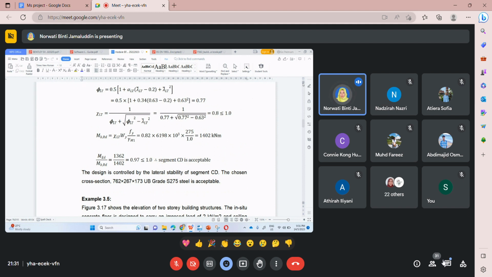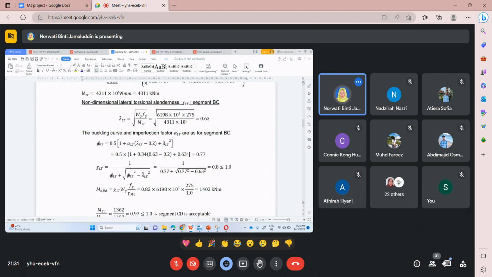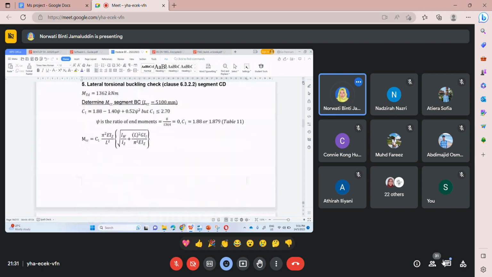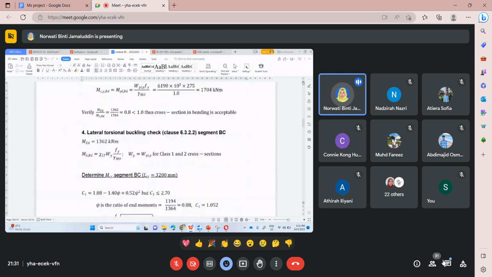Then you can fully understand. Get yourself familiar with the equations involved, with the clauses that you need to refer to. Then you can have confidence to solve this problem. So that's all for tonight.